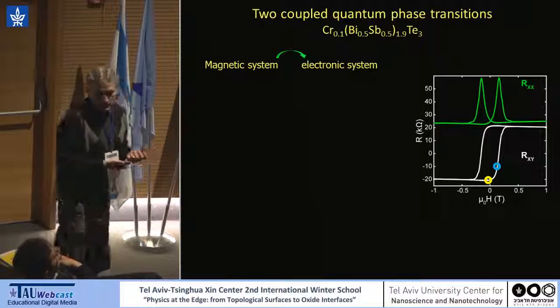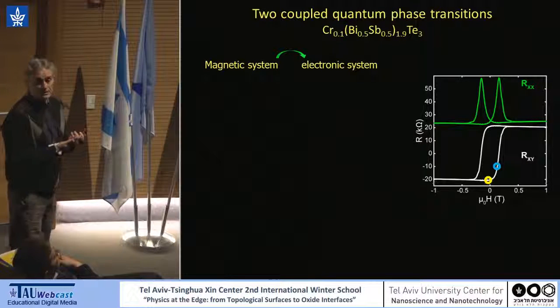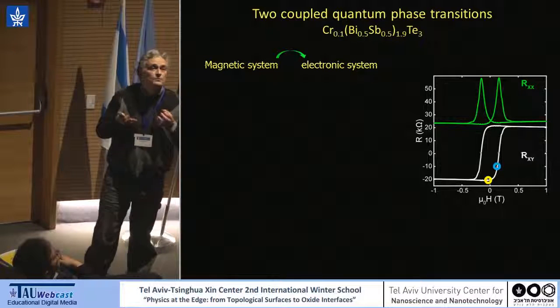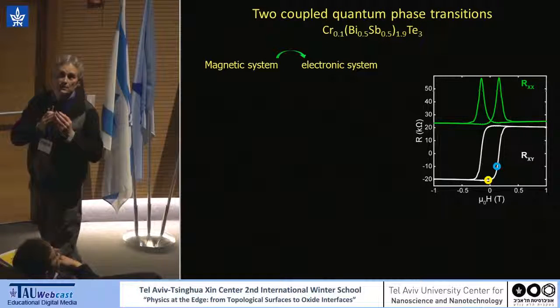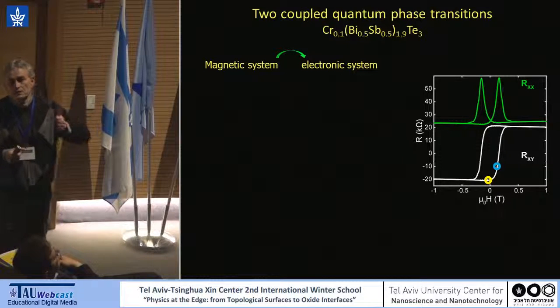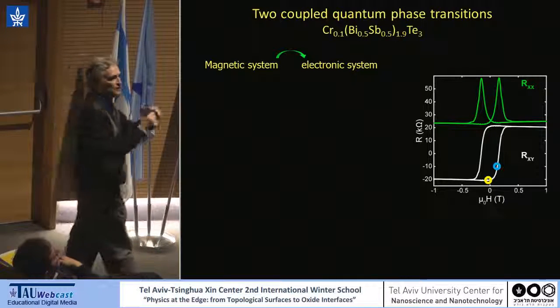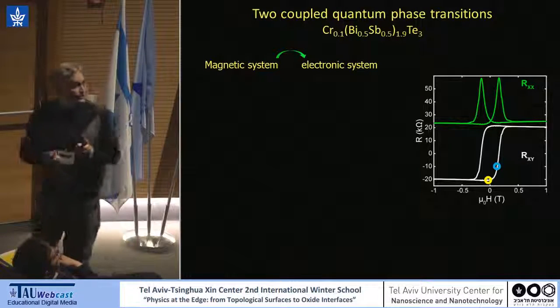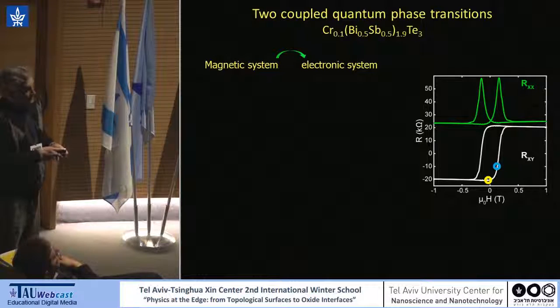So essentially what we see is that, instead of having a long-range ferromagnetic order, we essentially have superparamagnetic particles below their blocking temperature. So they weakly interact with each other. Each of them has its own coercive field. They flip independently. They weakly interact with each other. And they are the ones that are responsible for this plateau transition.